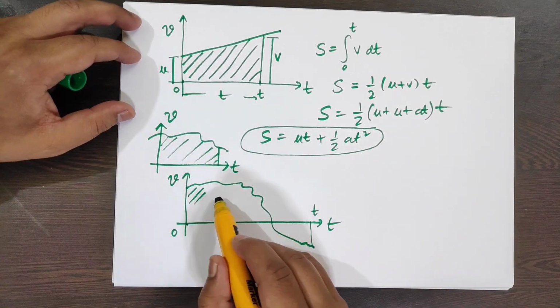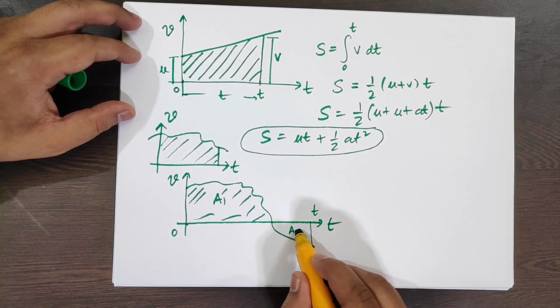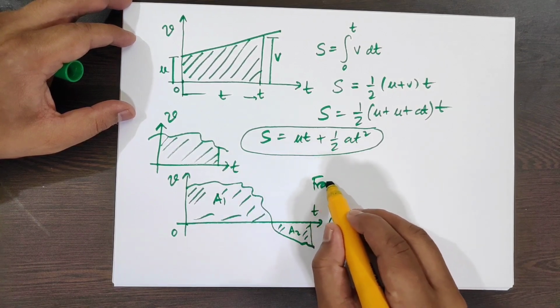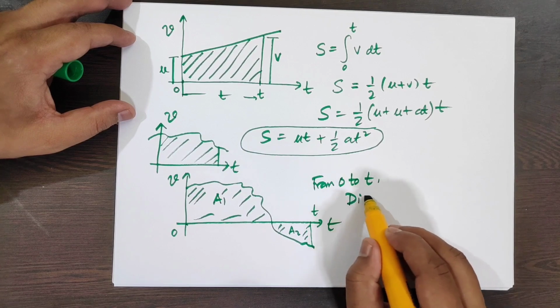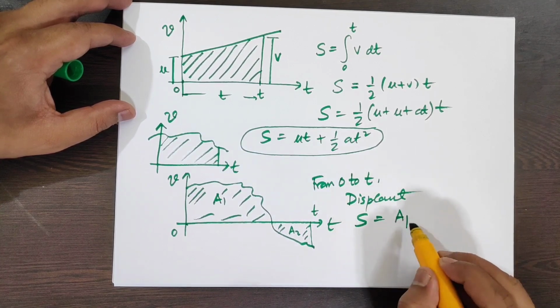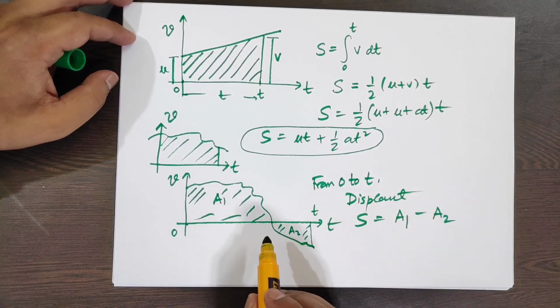So this is a certain area, say A1, and this is some area, say A2. So from 0 to t, the displacement s is equal to A1 minus A2. Why minus?